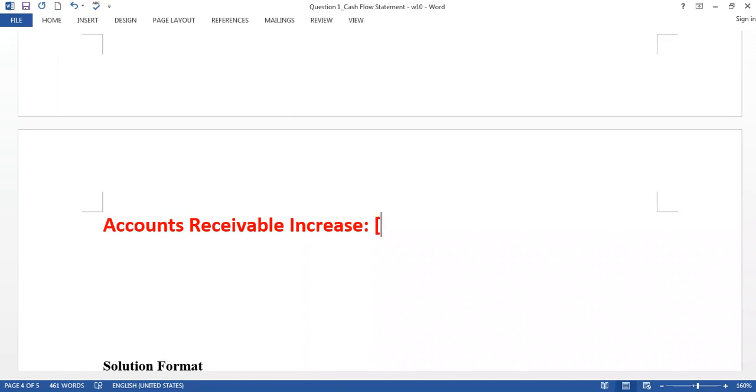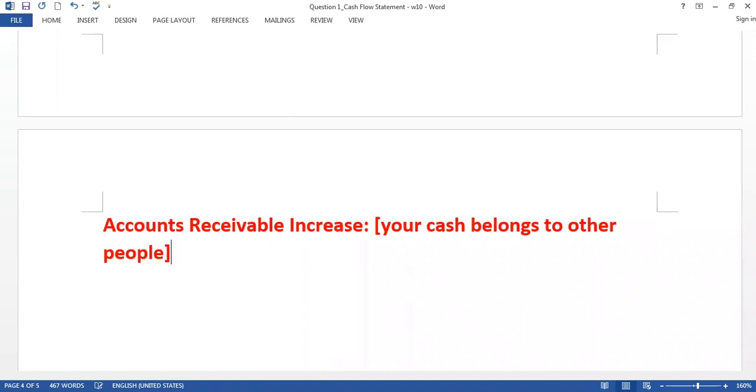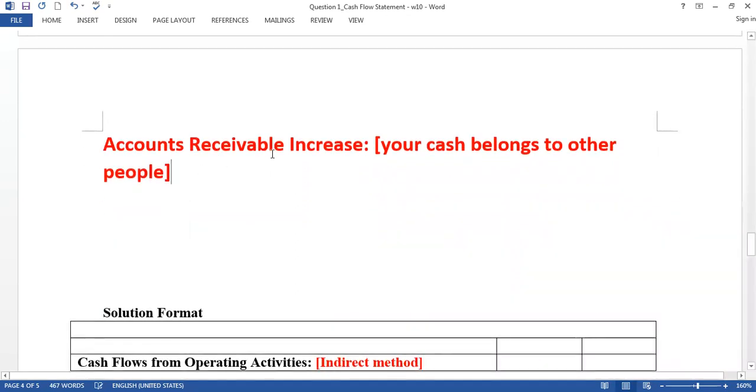So in summary, this is your cash that belongs to other people. Do you understand this meaning? Accounts receivable is actually your cash, but it is not with you at this moment. It belongs to other people. These people will give you this cash in future.